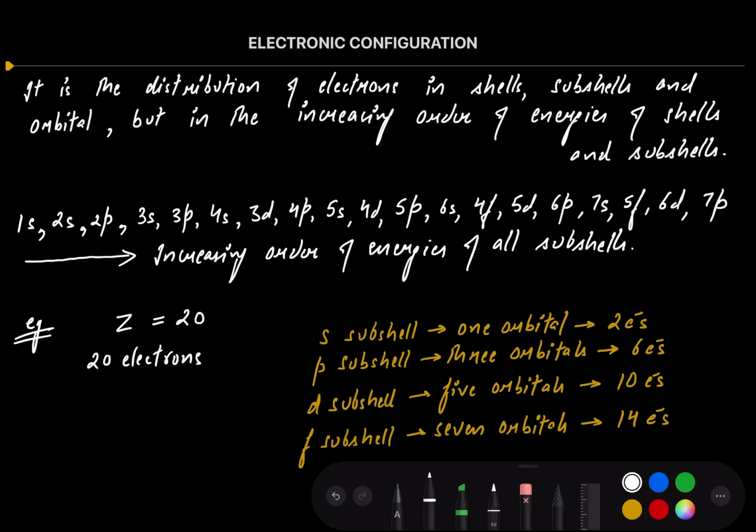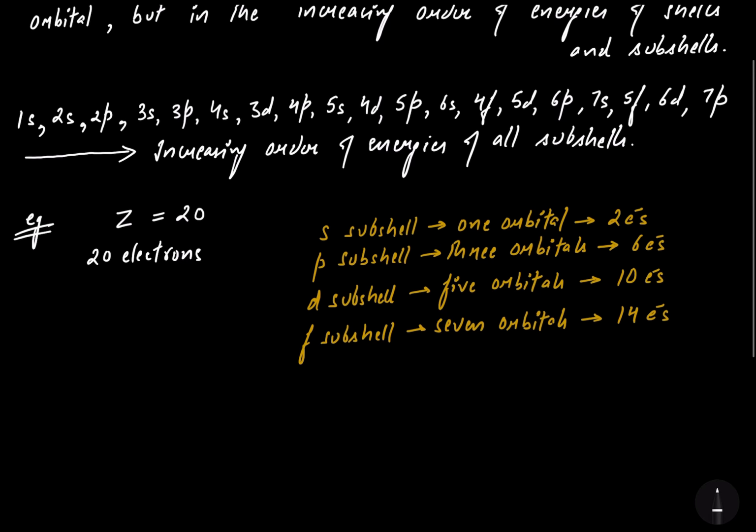We have to fill 20 electrons in the subshells in the increasing order of energies of subshells. So let me write this. I'm writing 1s, then 2s, then 2p, then 3s, then 3p, then 4s.